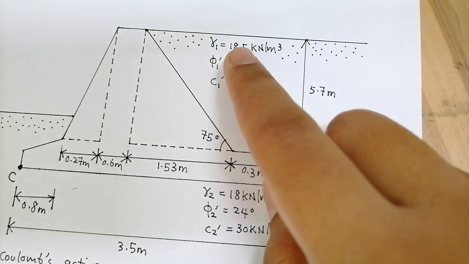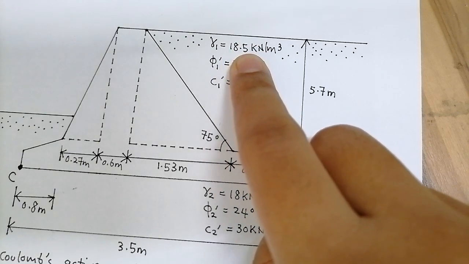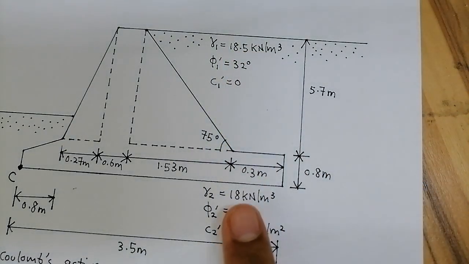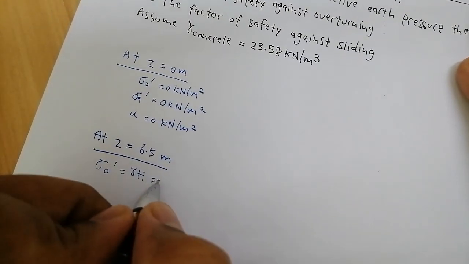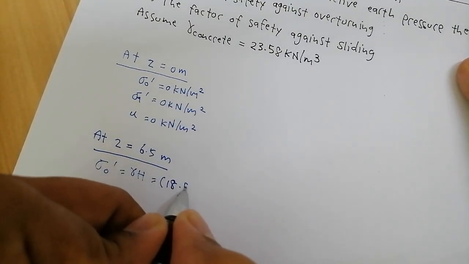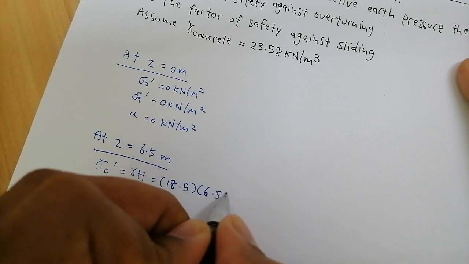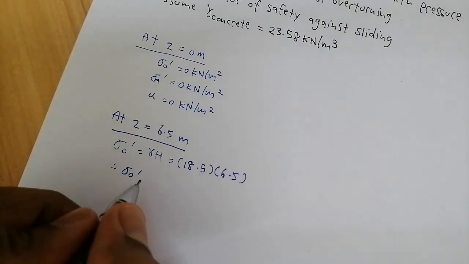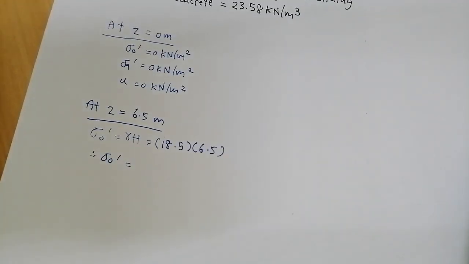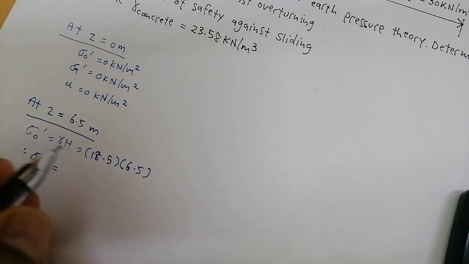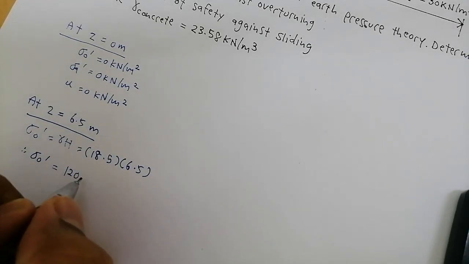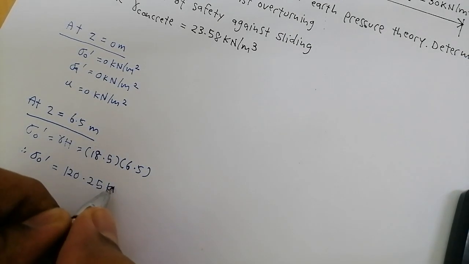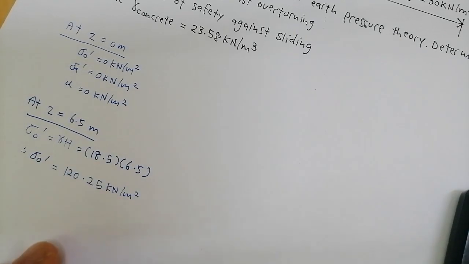So that's why we are going to use 18.5, not 18. So 18.5 times H, which is 6.5, therefore vertical effective stress equals 120.25 kilonewton per meter square.